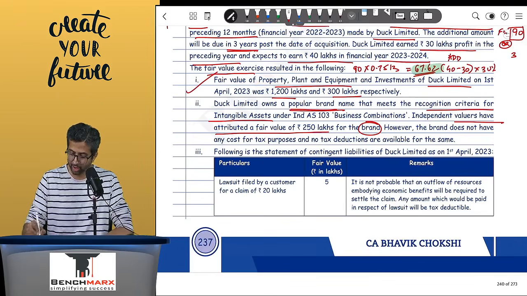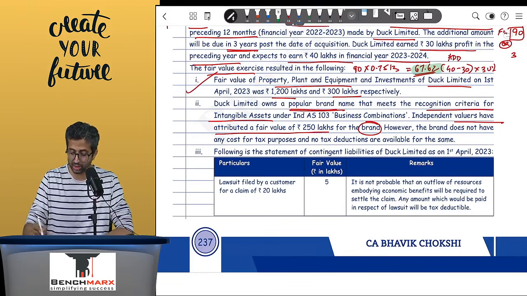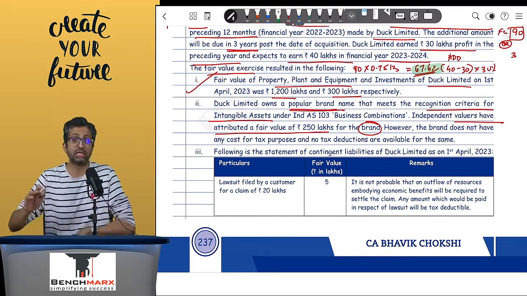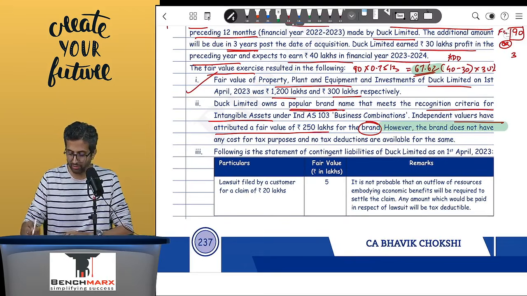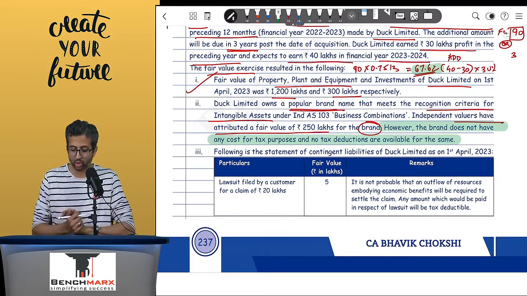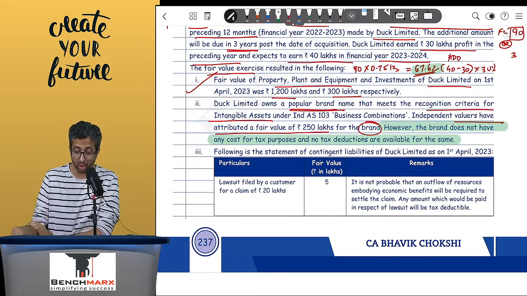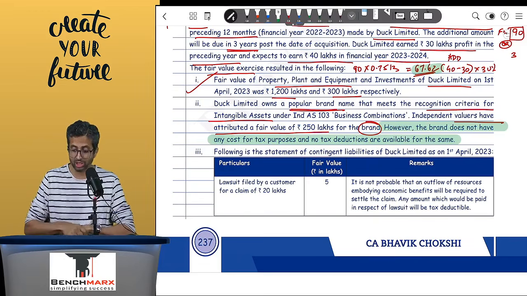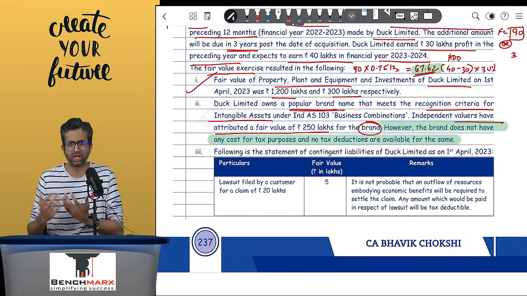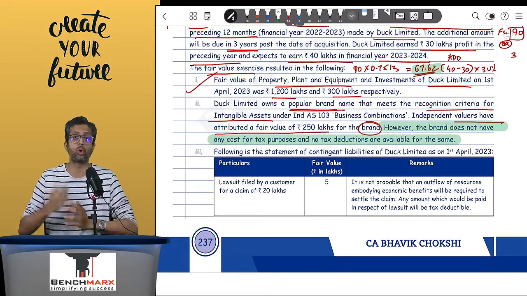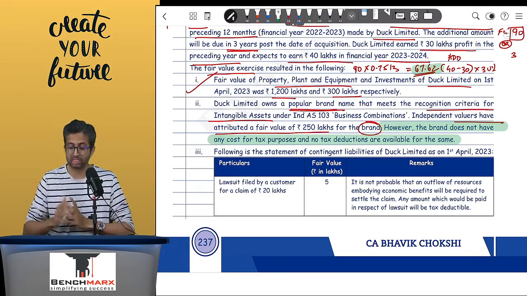Perfect. However, this is the sentence which has created a lot of unrest in students, where we are told that however the brand does not have any cost for tax purposes and no tax deductions are available regarding the same. Now for net assets taken over, you will obviously take over the brand at fair value, and hence the fair value of this brand should be taken over, 250.